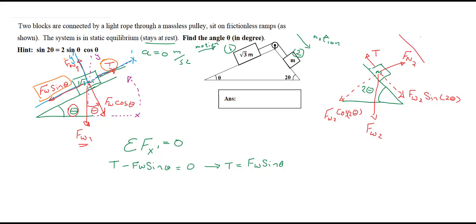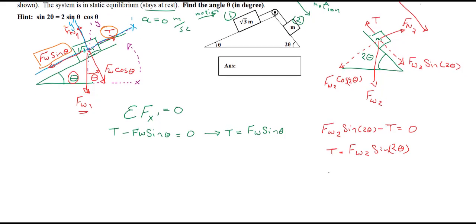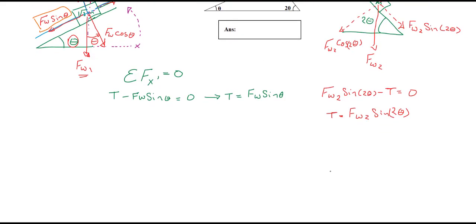Since we said the motion is in that direction, FW2 sine 2 theta minus T should equal 0, because we said the acceleration is 0. So T should equal FW2 sine 2 theta. Now we have two equations, equation 2 and equation 1.